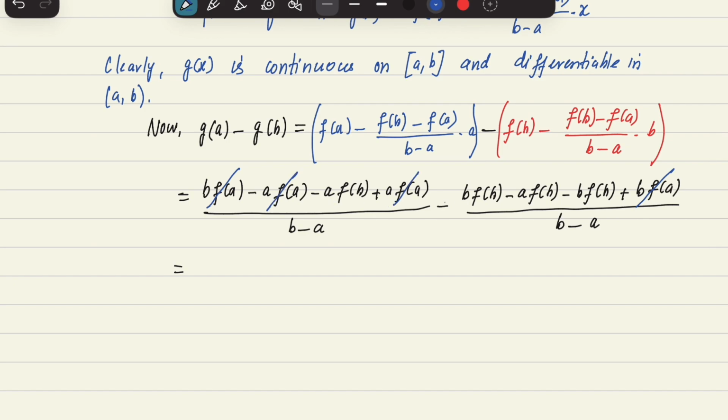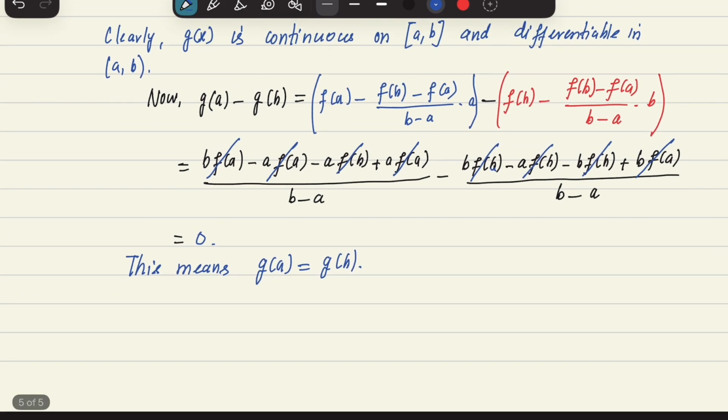Now negative a f(b), and this is positive a f(b). These two are also cancelled, and finally we have negative b f(b), and this positive b f(b). So all the terms vanish in the numerator, so therefore this whole thing is equal to 0. So this means g(a) is equal to g(b).